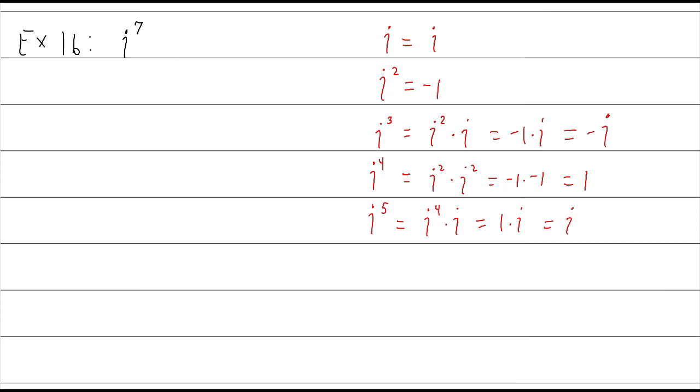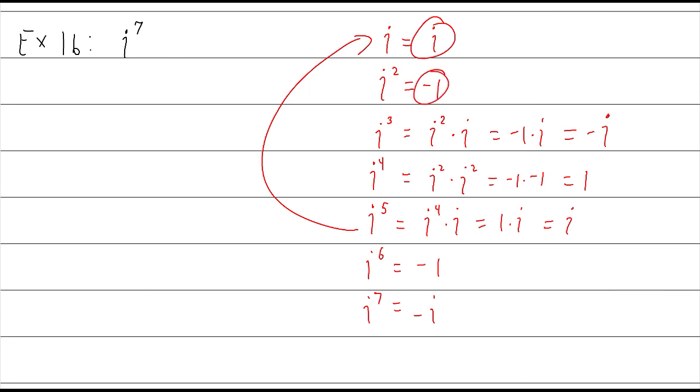So i to the fifth is actually the same as i. It's a vicious cycle. It just goes on forever. It cycles through i, -1, -i, +1. i, -1, -i, +1, and so on. Okay, it just goes down the line. So I kind of just answered this question already, but i to the seventh power actually just equals -1.